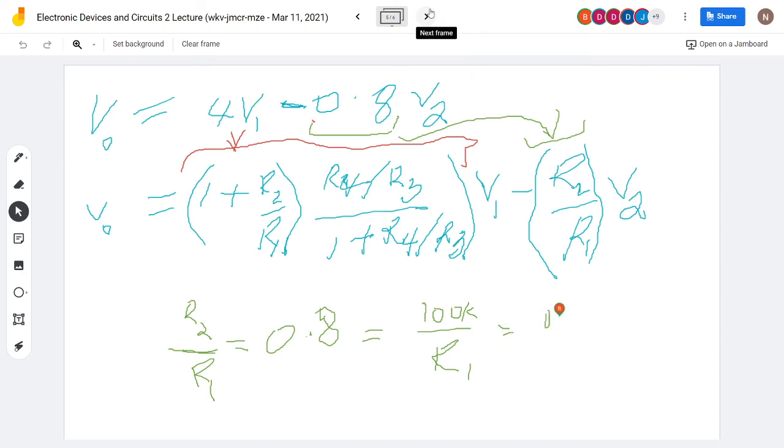So who's going to do that for me? Therefore, R1 equals 125 kilo ohm, sir. Okay, so that's my design. R1 equals 125K.